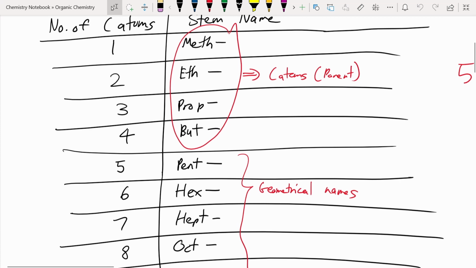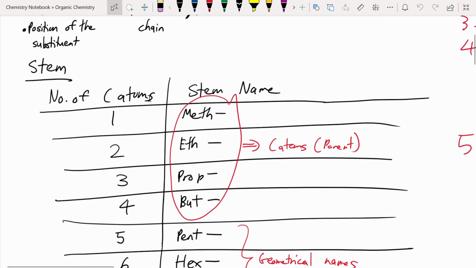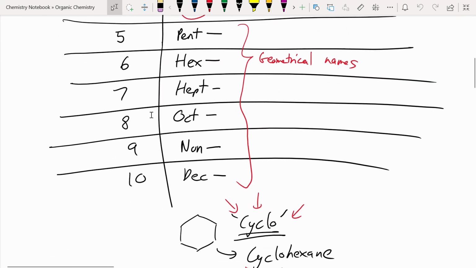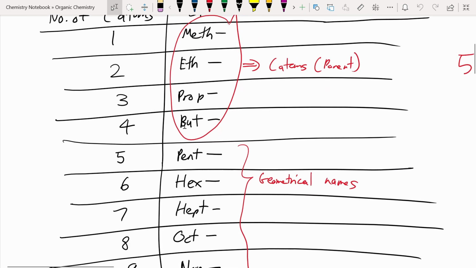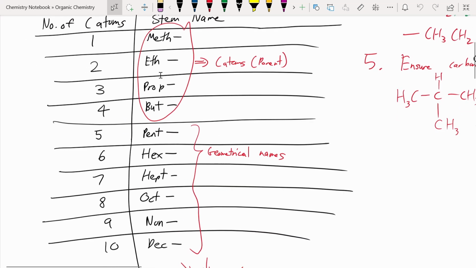Okay, next up we're going to talk about the stem or the parent molecule. So in the parent molecule, there'll be the respective stem names for the number of carbon atoms. To make it easier for some of you to remember, you just need to know that from 5 onwards, they are all the geometrical names.